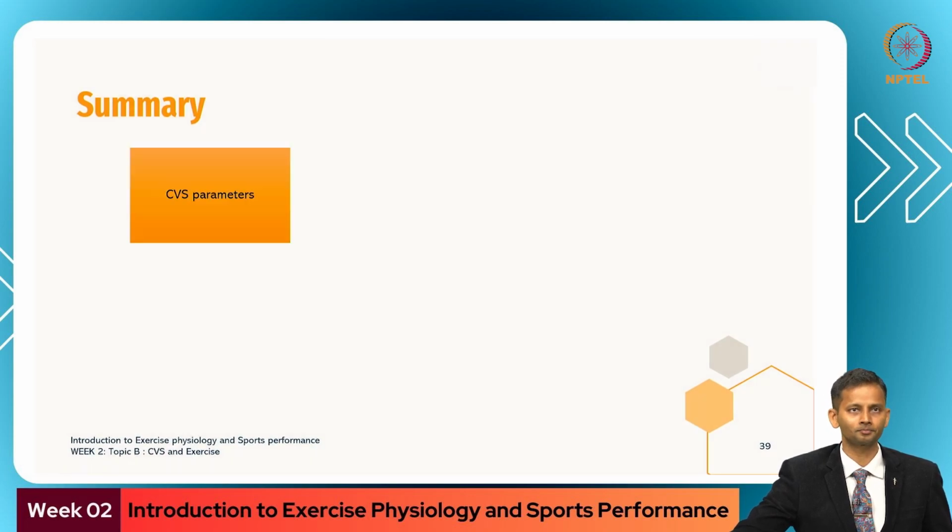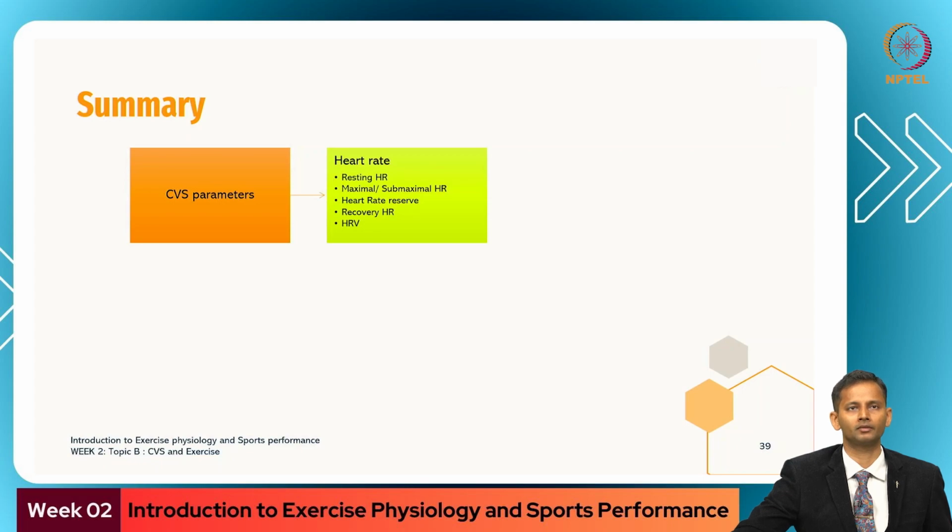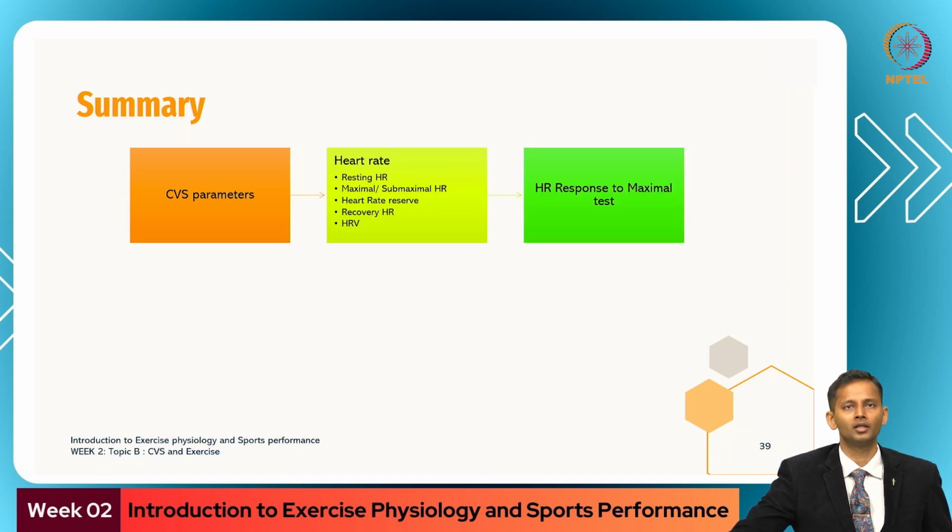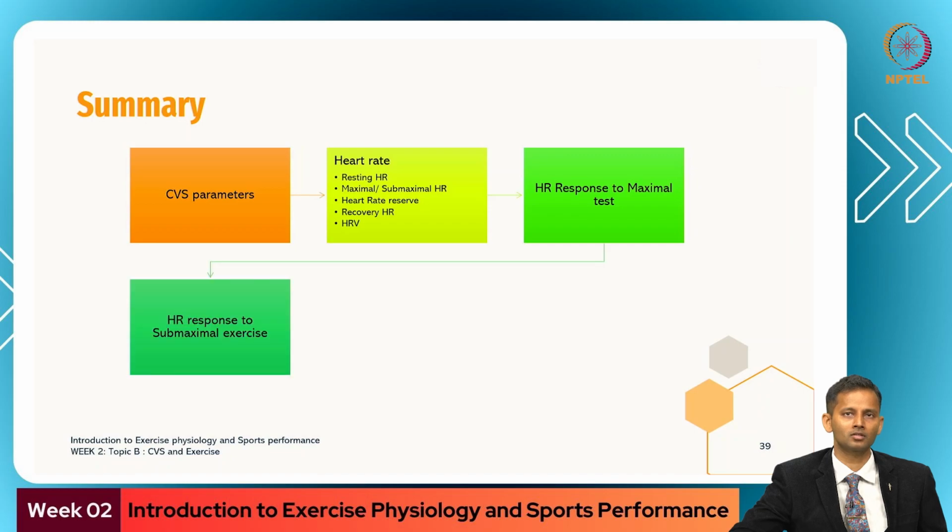To summarize, we discussed various cardiovascular parameters. We also discussed the various components in the heart rate that are utilized in the field of sports and exercise. We had a case scenario of how the heart rate response happened in a guy who performed a maximal exercise test.